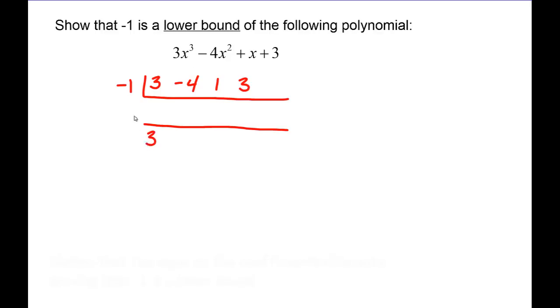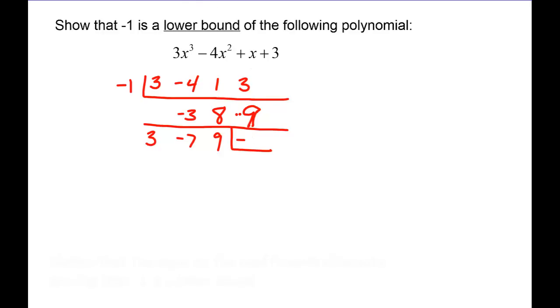So we do -1 times 3 is -3. Then we add, we get -7. Then -1 times -7, oh, I made an error.